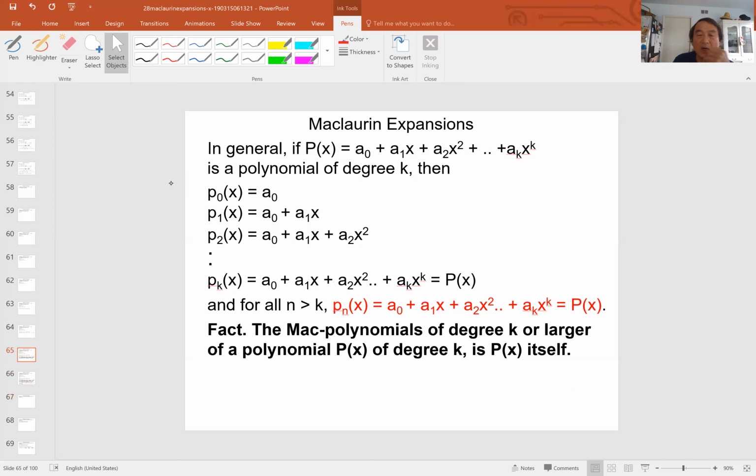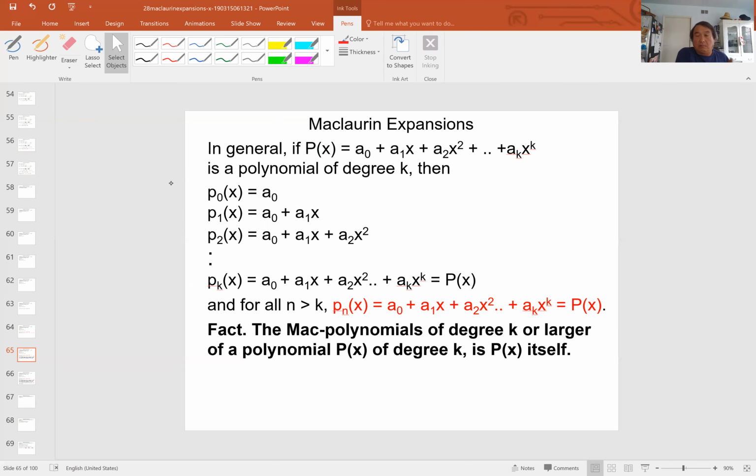Of course, the more interesting thing is that these Maclaurin polynomials, if you think about it, and if I have two different functions, f and g, and if I add them, then their Maclaurin polynomials add. If I multiply f times g, their polynomials multiply.